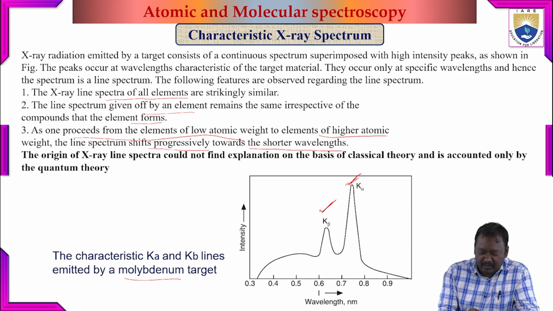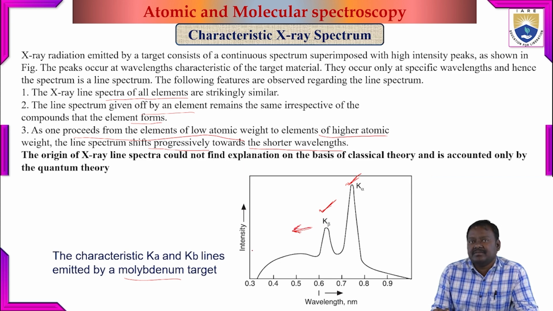This is the spectrum for molybdenum. If we take atoms of higher atomic number, these lines shift progressively towards lower wavelengths. As the atomic number increases slowly, these lines shift slowly towards the lower wavelength.